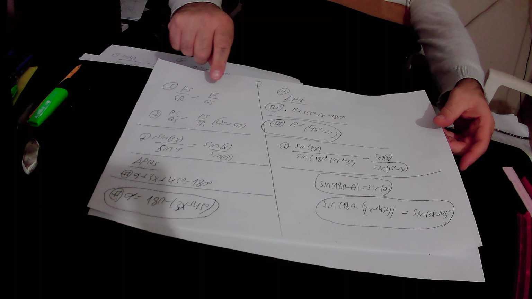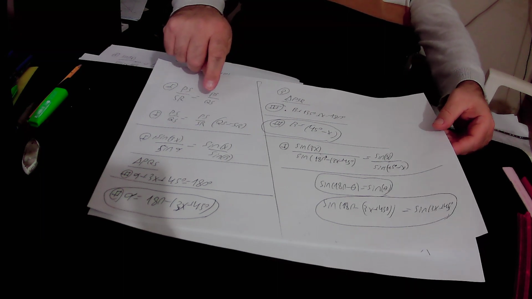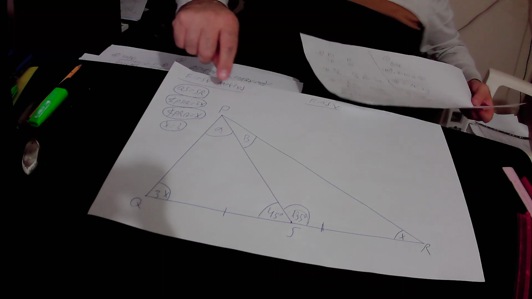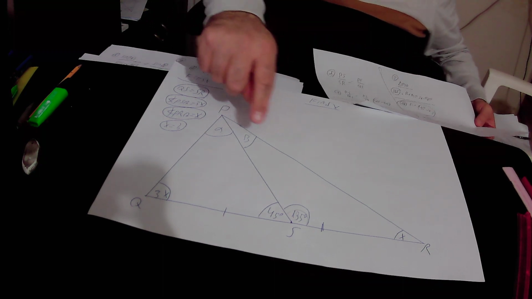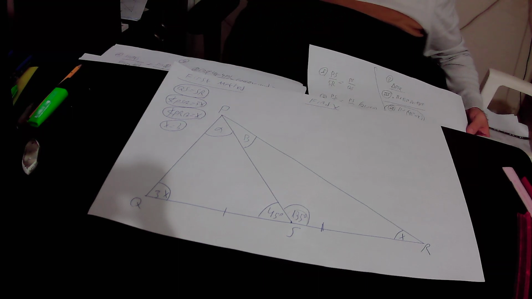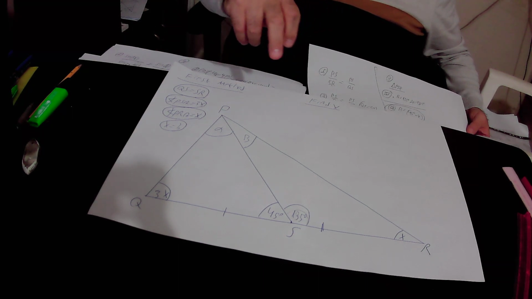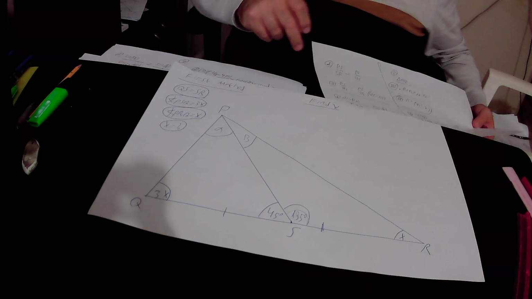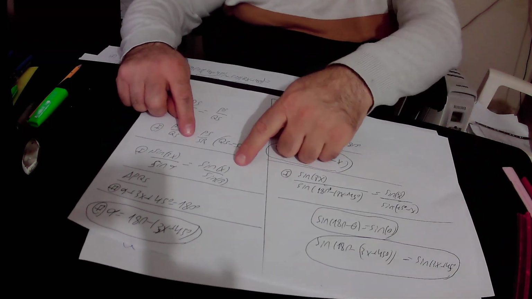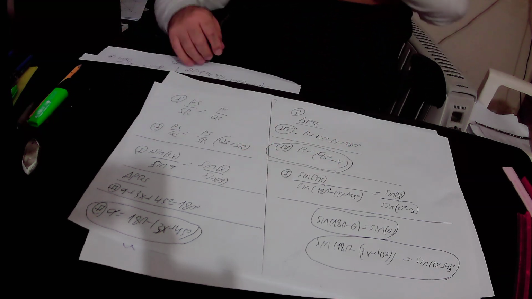While if we focus on triangle PSR, PS over SR will be equal to sine x over sine beta.